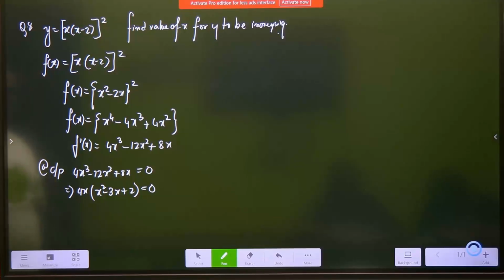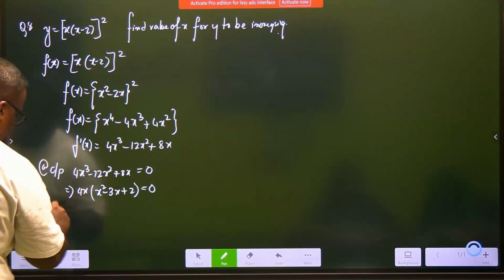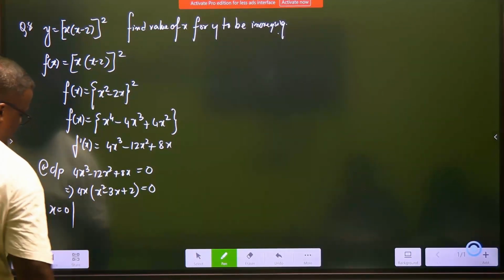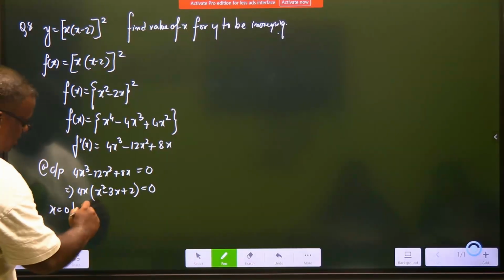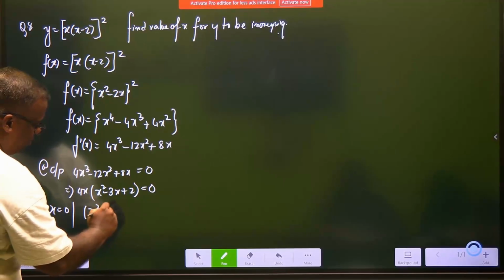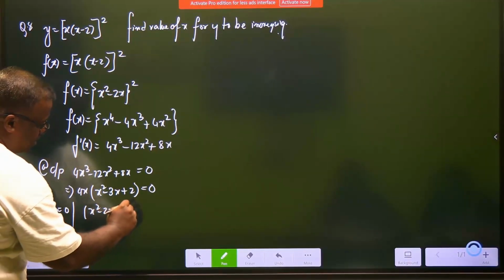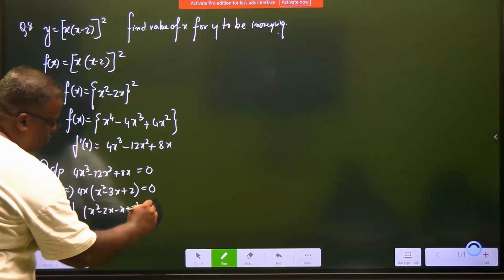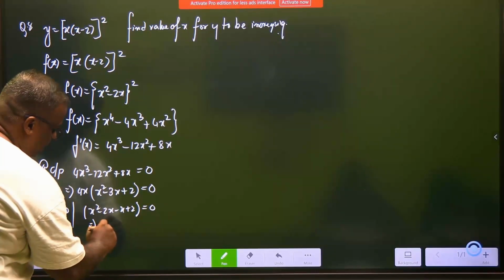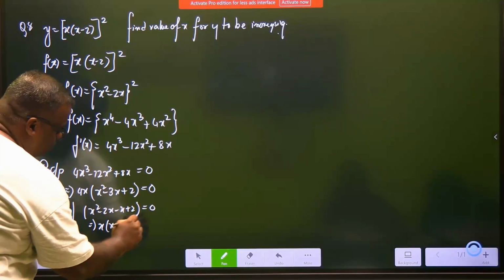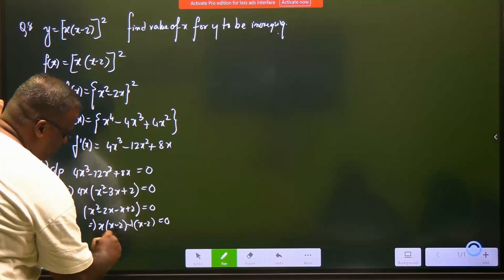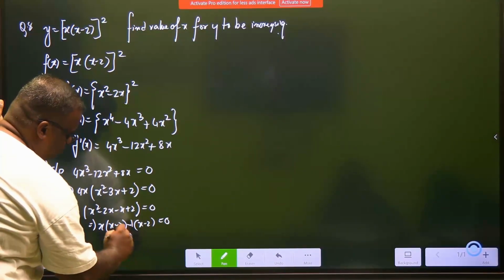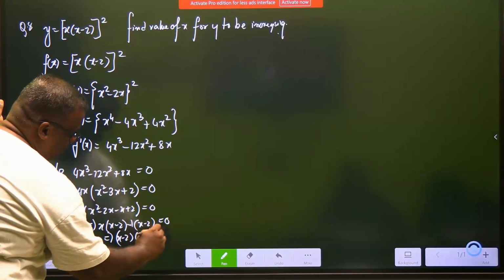Right? So we get x equal to 0 as one option. And if you break this, it becomes x square minus 2x minus x plus 2 is equal to 0, or x minus 2 into x minus 1 is equal to 0.